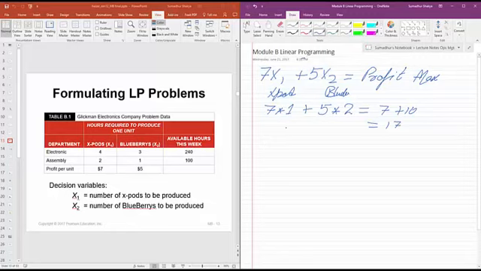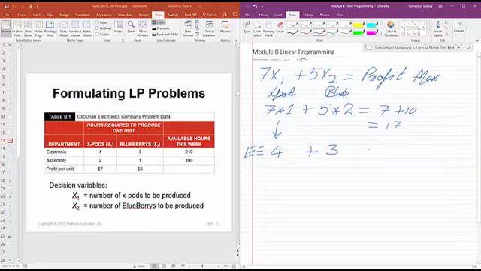However, there's a limit, because for every Xpod we take a certain amount of time from the electronics department. We spend 4 hours making 1 unit of Xpod. On similar lines, we spend 3 hours in the electronics department on 1 unit of Blueberries.